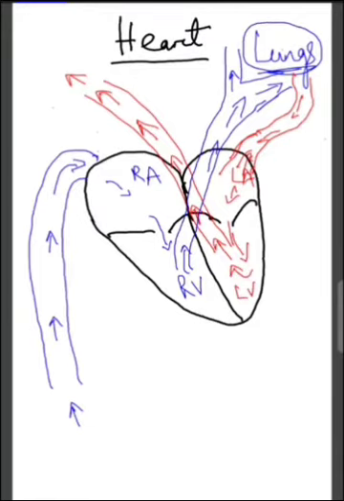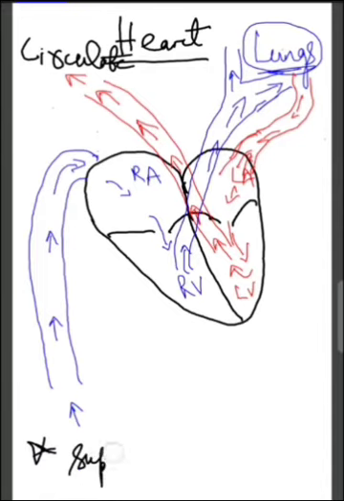Then from the left ventricle it is pumped out of the heart through the aorta, which is a large artery, and through different arteries and branches it circulates the blood to different body parts. The left ventricle is the most powerful and largest chamber of the heart, and due to its pumping action, blood is circulated all across the body.